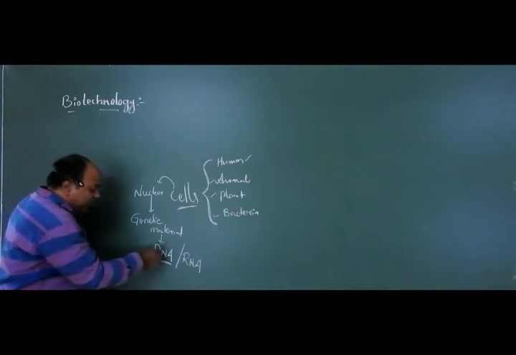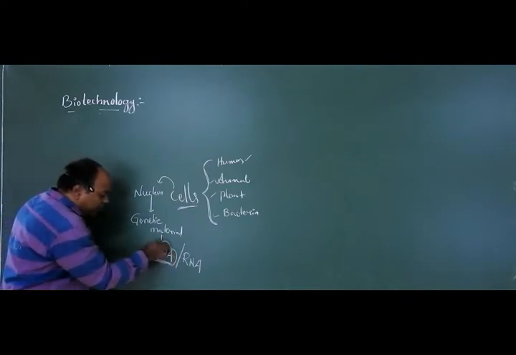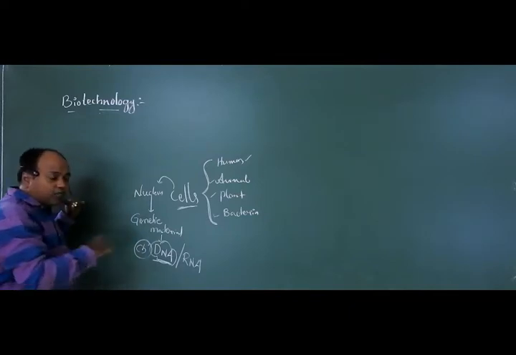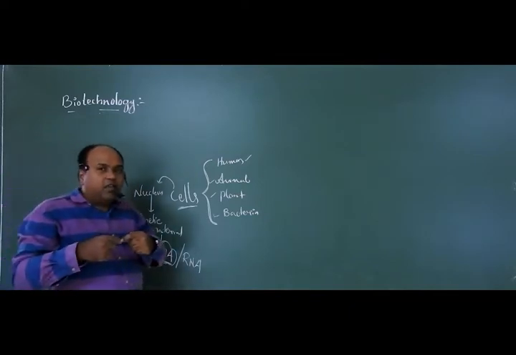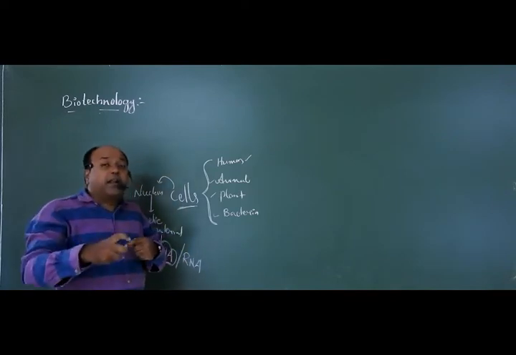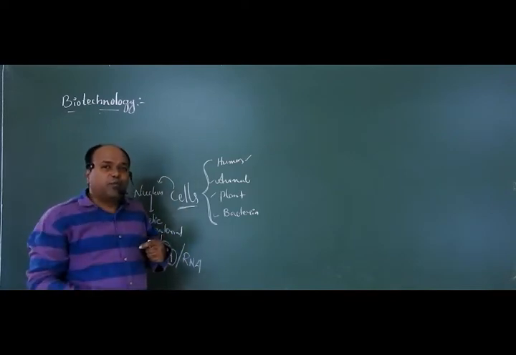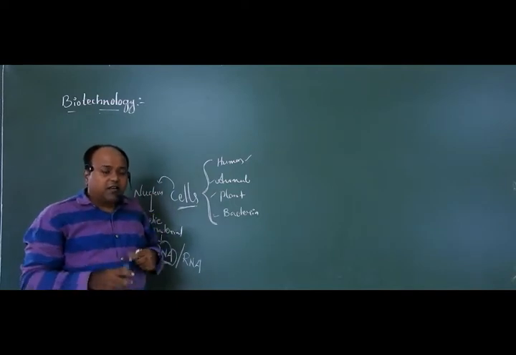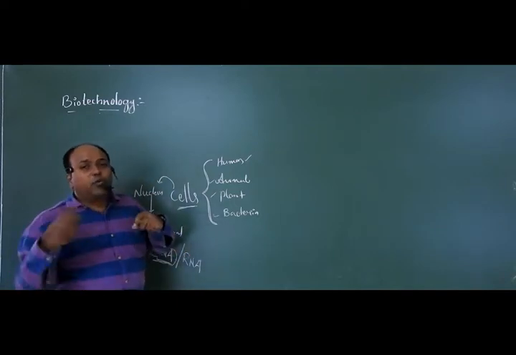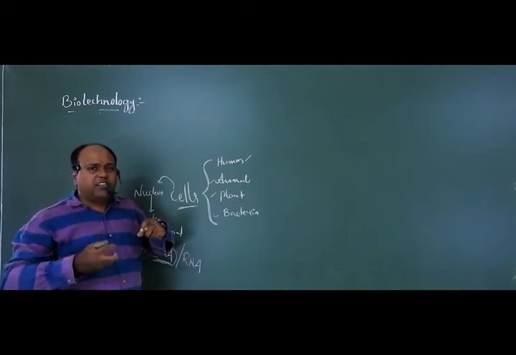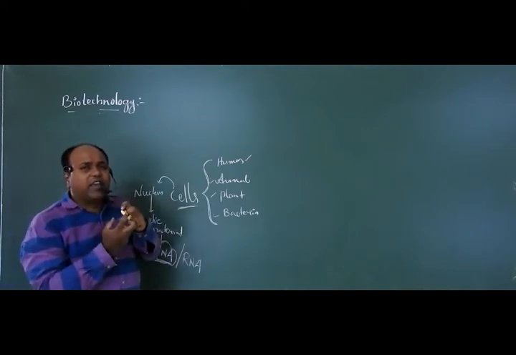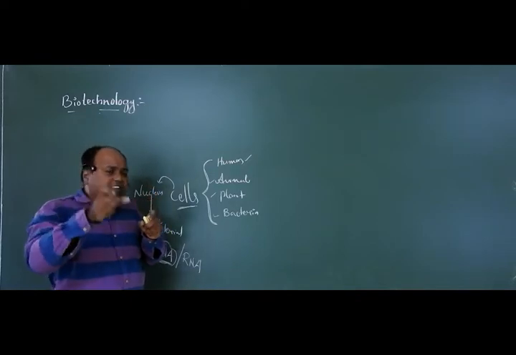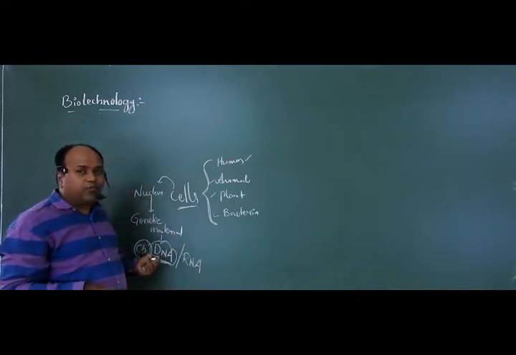This genetic material DNA is present in the form of chromosomes. How does the genetic material DNA exist? DNA supercoils and forms a complex structure, which is called a chromosome. Chromosome is a specific structure, nothing but the DNA only, supercoiled. Supercoiled means folded into a specific structure, which is called a chromosome.